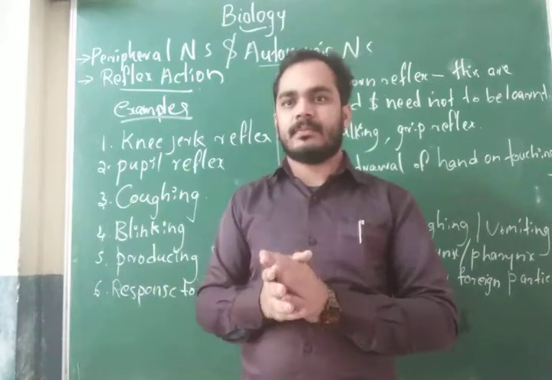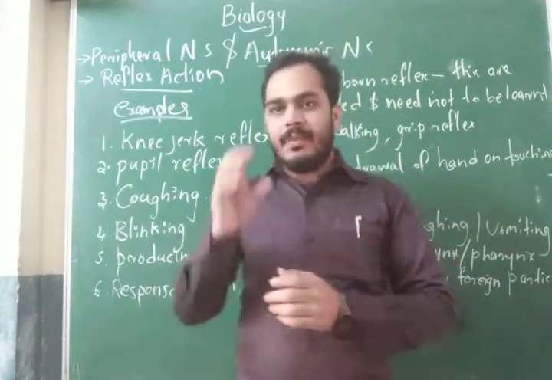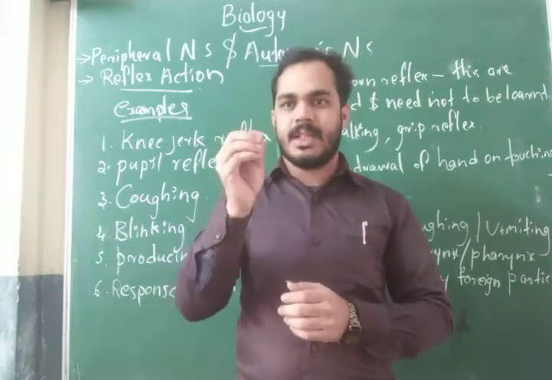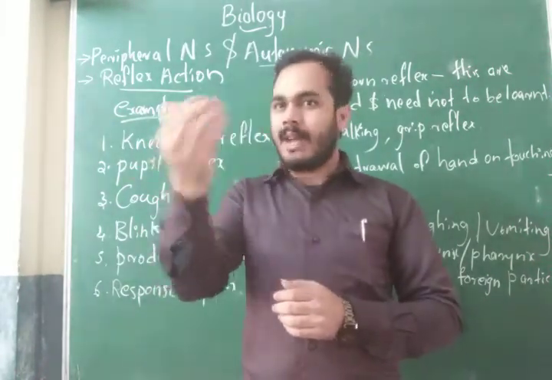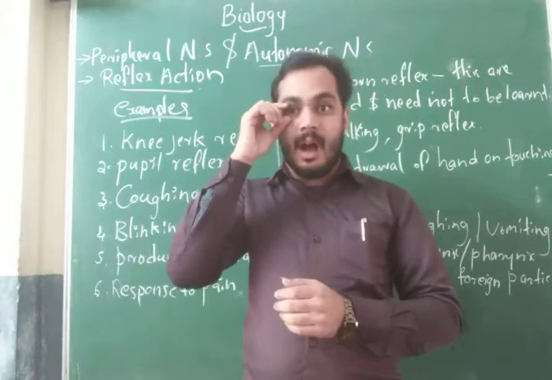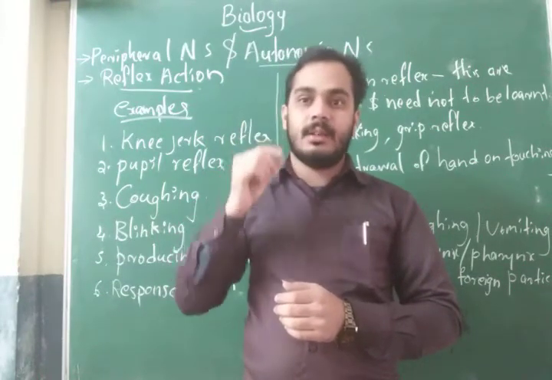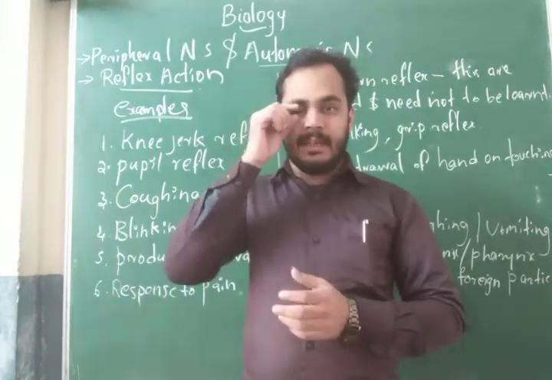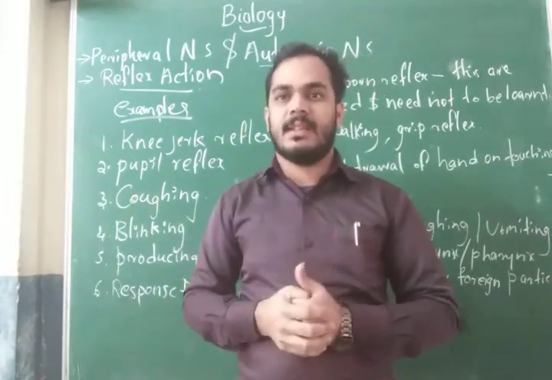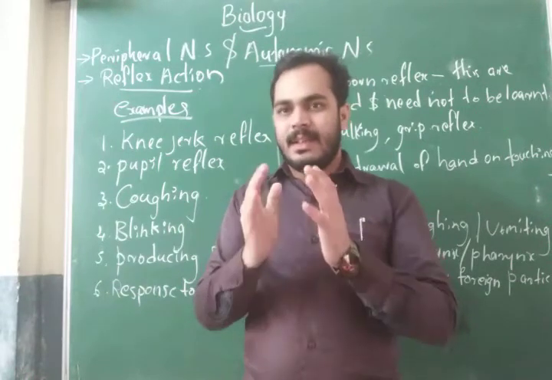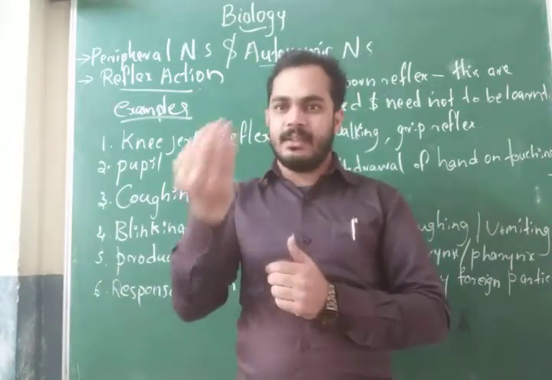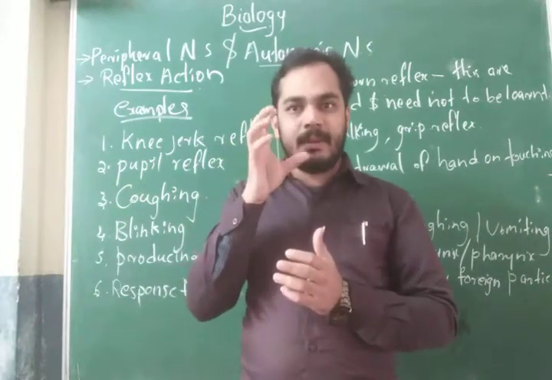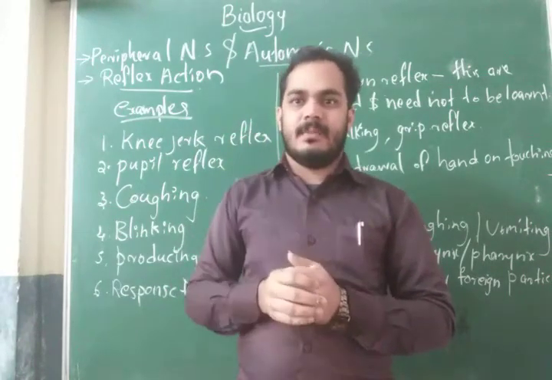For example, when something is coming towards the eye, our eyelid blinks. What is this? That means escaping from that situation. So the blinking of the eye is also an example of reflex action. Otherwise, when heavy light passes towards our eye, as a result our pupil becomes activated.